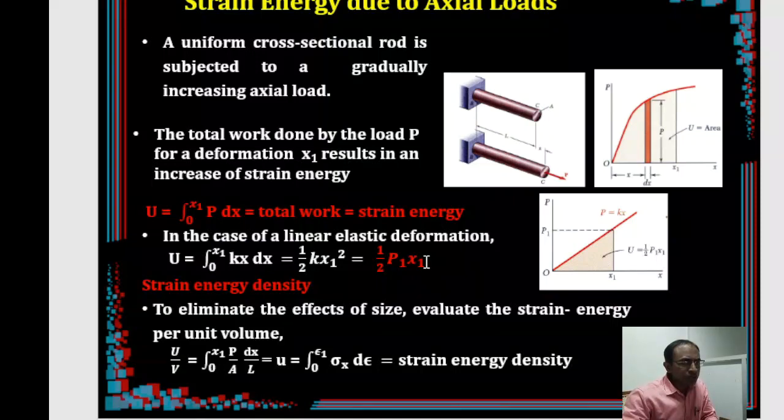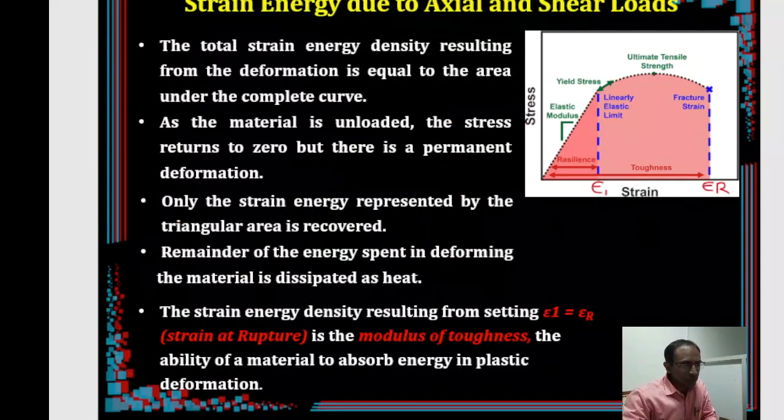So once you have calculated this energy in terms of load, this can be rewritten in any of these forms, in terms of stresses or even strain. And depending upon the area we calculated, up to either the elastic limit or even the plastic limit, your strain energy may be called either modulus of resilience or modulus of toughness.